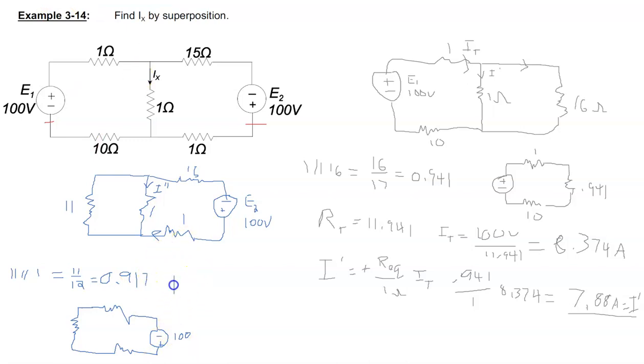And so RT is equal to 15 plus 1 plus 0.917, so 16.917 ohms.